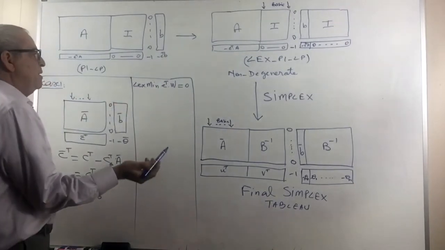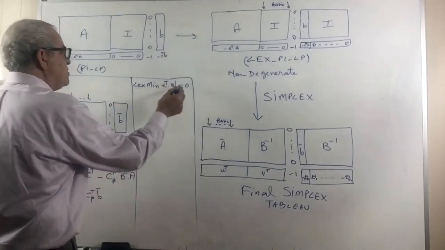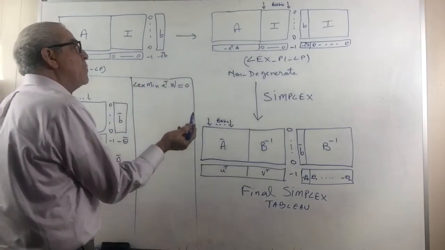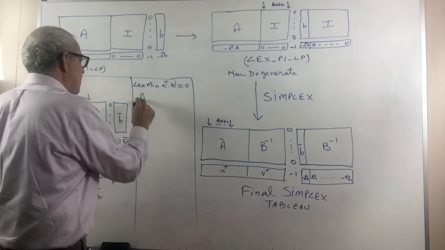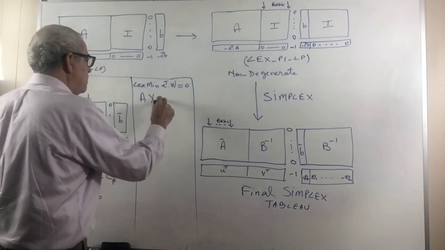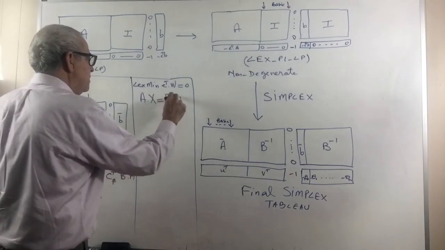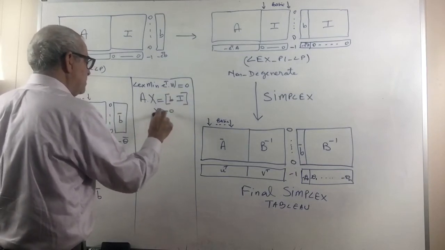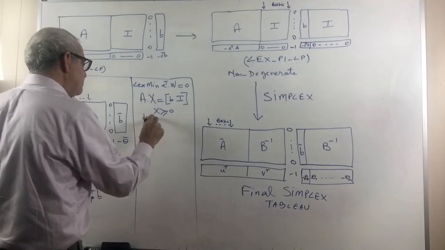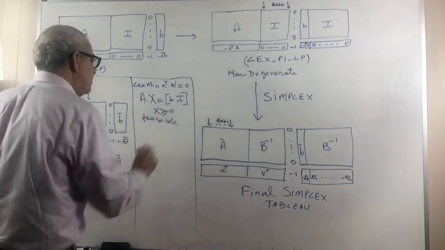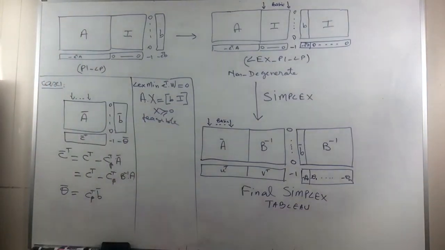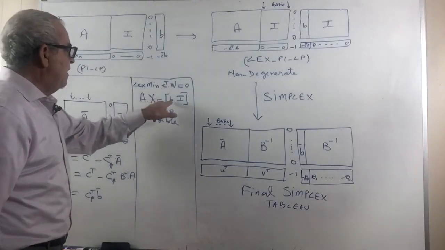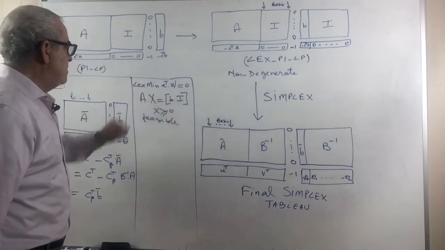And remember, in phase 1, when the minimum of E transpose W is 0, that means the corresponding linear program is feasible, which is A dot X equal to BI, X lexicographically greater or equal to 0. This is feasible. Okay? We have an X that satisfies A dot X equal to BI. Remember, X is a matrix.